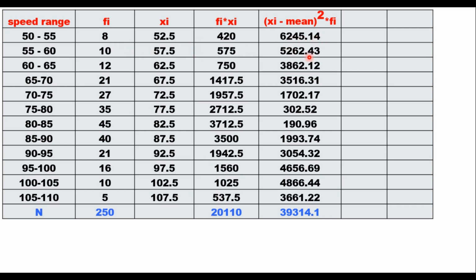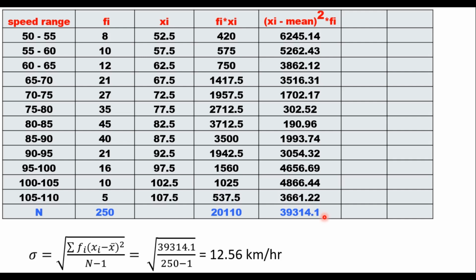Do it for all rows, and that is the total sum here. So this is summation of xi minus x bar whole square into fi. You calculate what is standard deviation. This is 39,304.1 divided by n minus 1, that is 249, and this is 12.56 km per hour, the standard deviation. You can make all these calculations very easily in Excel sheet.